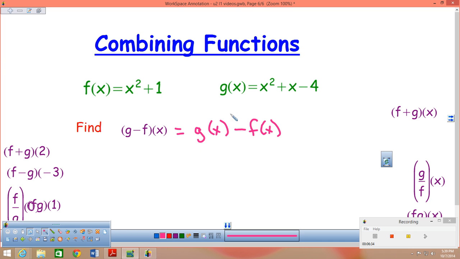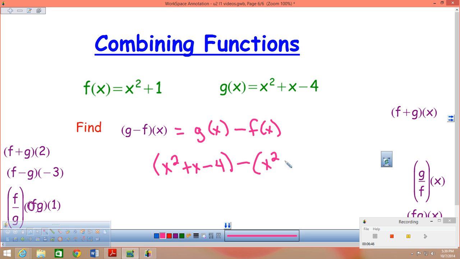Okay. G of x is x squared plus x minus 4 minus x squared plus 1. These parentheses are important because I have a minus right there. We are actually going to subtract each of these things individually.